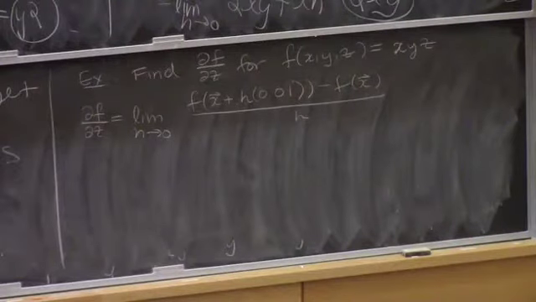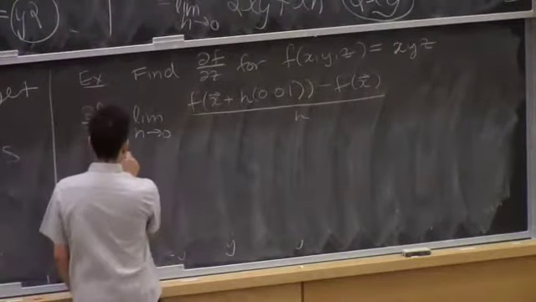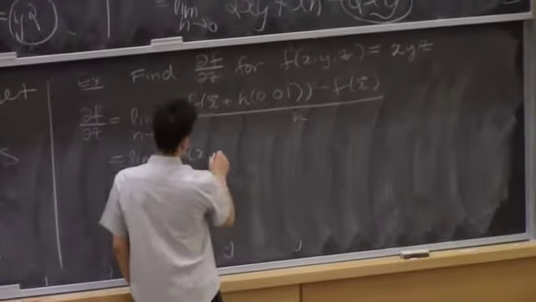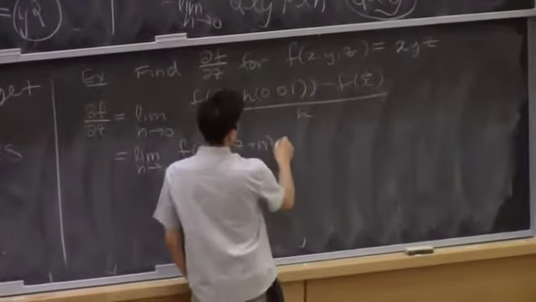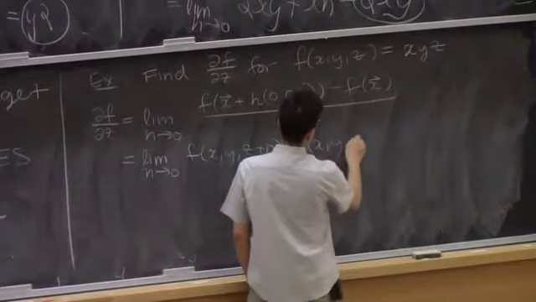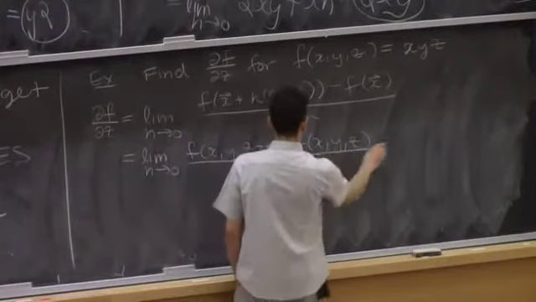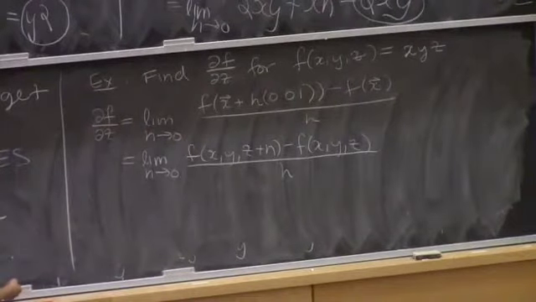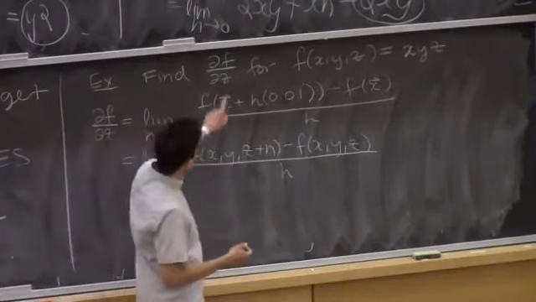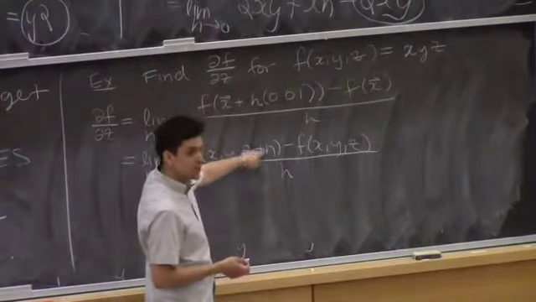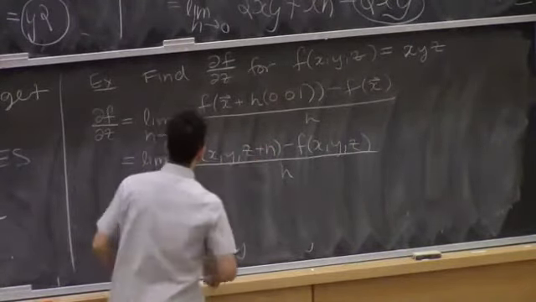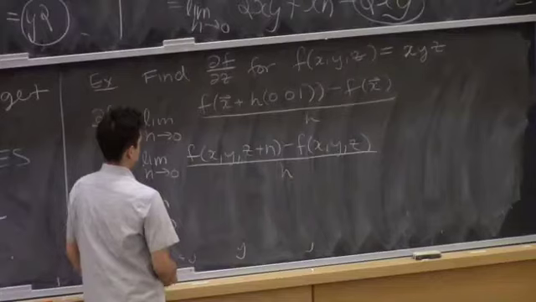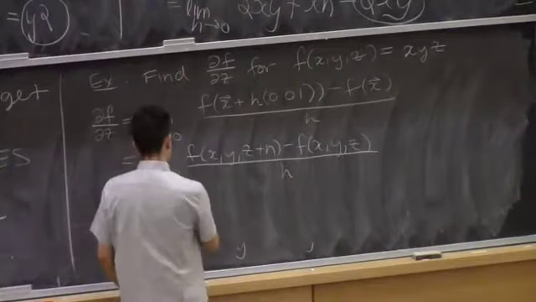We add stuff to the third coordinate. So whatever coordinate we're taking the derivative of, we put the h in that slot. We put it in that coordinate.